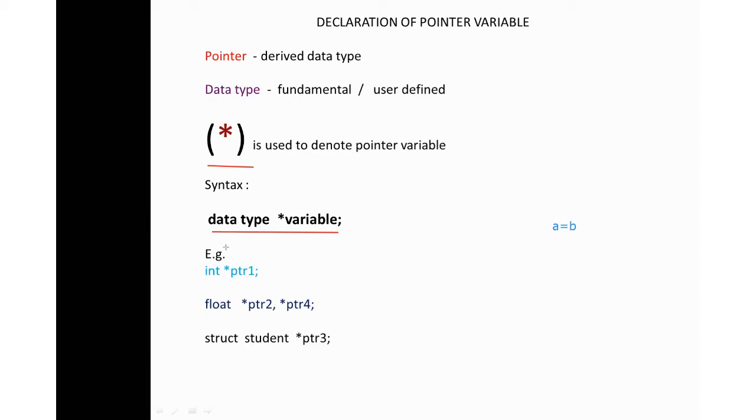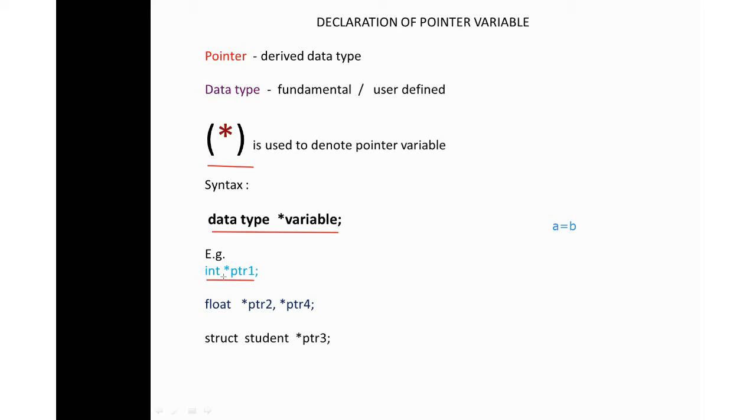Now look at the examples of how you can use it. Integer, your fundamental data type. PTR1 is the variable which has to be mentioned as a pointer variable.